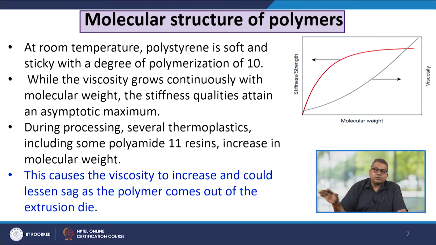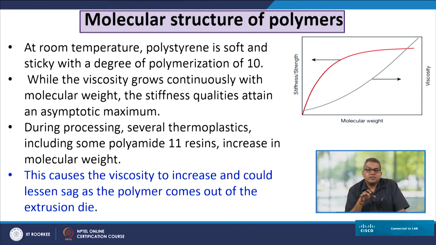The stiffness qualities attain an asymptotic maximum. During processing, several thermoplastics, including some polyamides, increase in molecular weight. This causes the viscosity to increase and could lessen sag as the polymer comes out of the extrusion die. So this needs to be addressed.